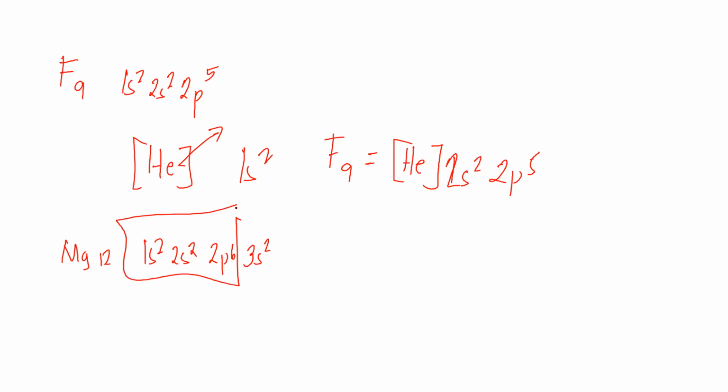Again, this is the electron configuration of neon. So instead of saying 1s2, 2s2, 2p6, we can simply say that magnesium 12 is equal to neon 3s2. And that is our Noble Gas Notation.